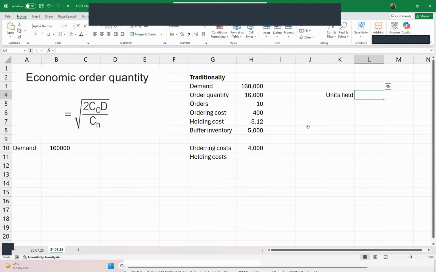The first thing is the 5,000 units. I'm just going to show it here broken down, but normally we do it at once. So it has the buffer, which is the 5,000 units. Those they are saying have to always be there. So that is buffer stock, which is always available. But then you also add the average inventory.